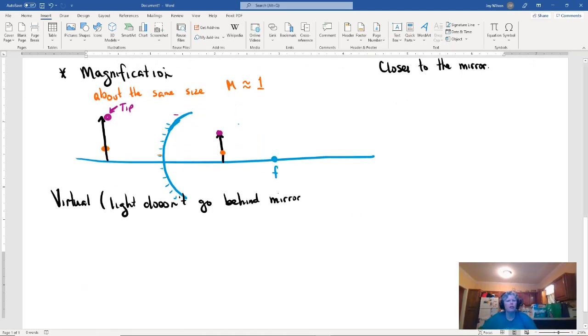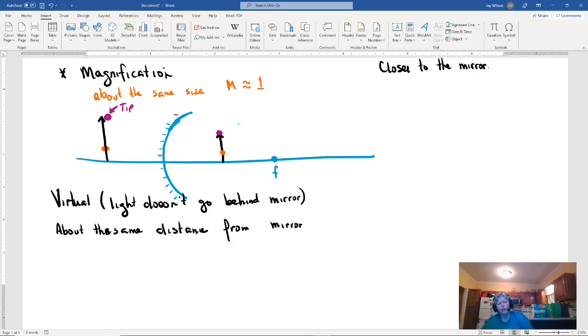Well, these two look about the same distance from the mirror. So in other words, we'd say that object distance is about the same as image distance. It's clearly larger, and it is upright, where it has the same orientation.